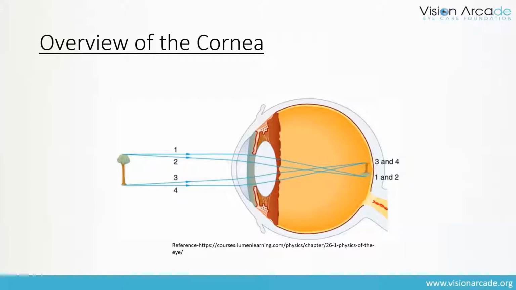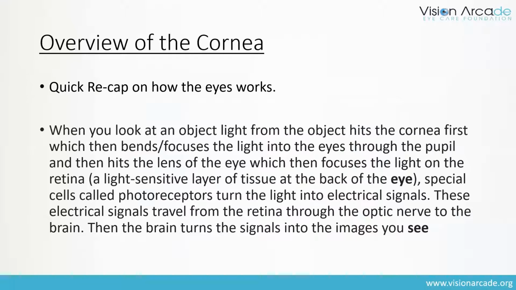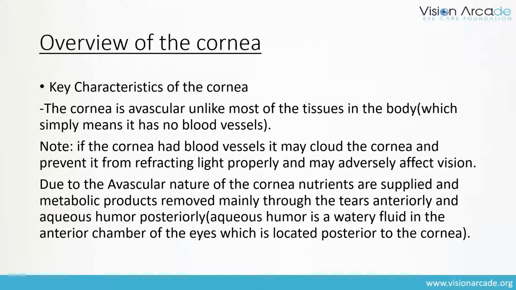That picture there is just like when you're looking at a tree and light moves into your eye through your cornea, as I described. That's one of the major functions of your cornea, and that's why it's important for the cornea to be healthy. Then the cornea has some key characteristics, and one of them is that it's avascular. When I say avascular, it means that it's not got any vessels on it.